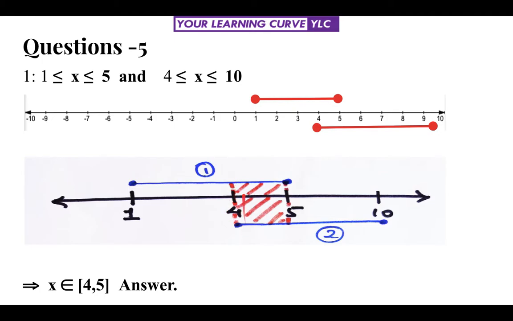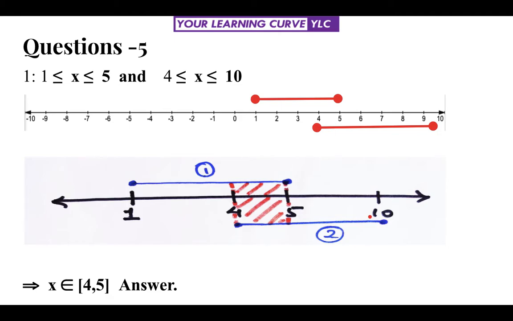So we take the part which is common to both the inequalities on the number line. From 1 to 4, only inequality 1 is satisfied. From 4 to 5, inequality 1 and inequality 2 both are satisfied, and from 5 to 10, only inequality 2 is satisfied. So now we are ready to write down the answer.